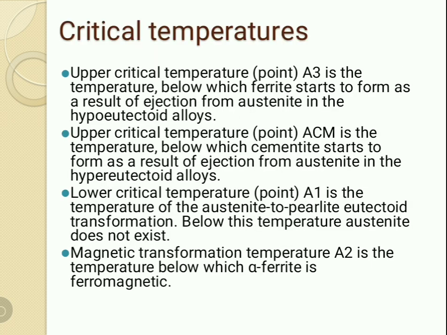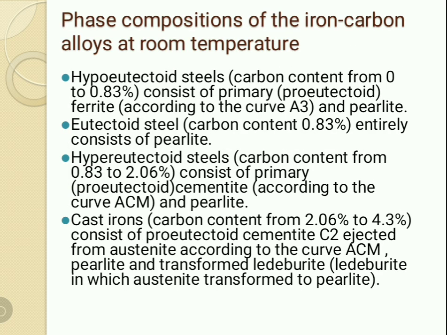Now we can see the phase composition of iron carbon alloys at room temperature. Hypoeutectoid steel, from 0 to 0.83 percent carbon, consists of primary ferrite and pearlite. Eutectoid steel entirely consists of pearlite, that is, at 0.83, 100% pearlite phase can be seen.